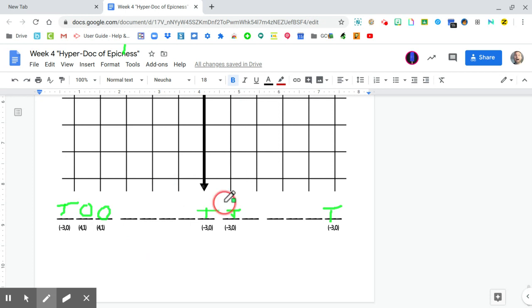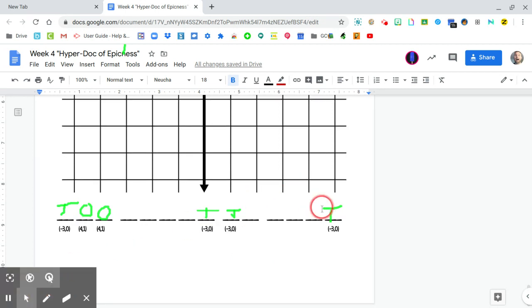Once you do have all your ordered pairs set up under your spaces, and you've plotted all of the letters that appear in your phrase, then you're going to have to do something else in order for this to be an actual challenge.